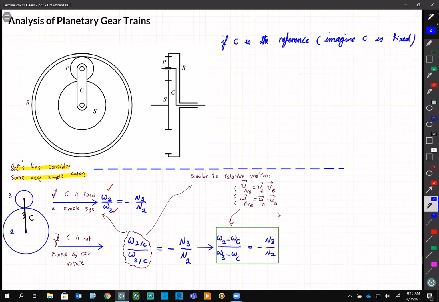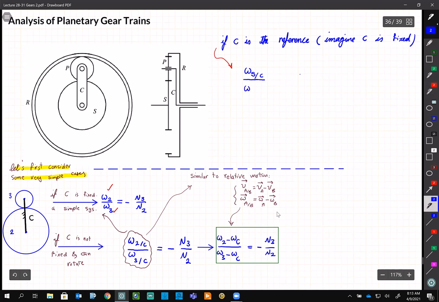Okay, so you know how to write, for example, omega S. Instead of numbers here, we just use letters. Always we use numbers for gears, but here just to convey our message. So I can write down omega S now with respect to C to translate what I said over here.